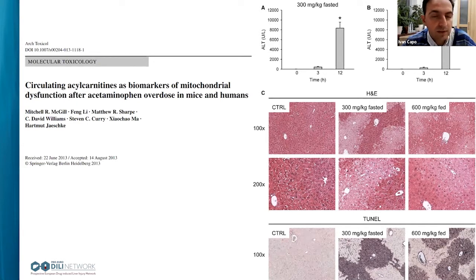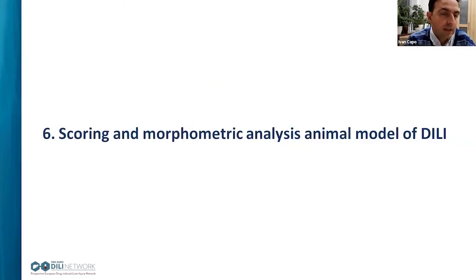If the animals are fasted before the acetaminophen treatment, for example, we need a much lower concentration to get the same histological changes which we can find with a higher concentration in animals which were fed before the treatment. So this is a very important moment when we are creating this model.